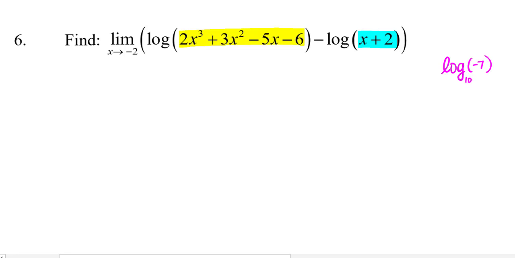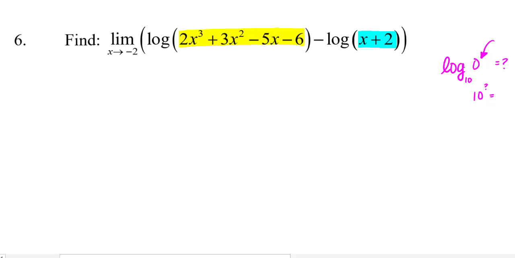Because again, log right now is common log or log base 10. And so we would be suggesting 10 to some power equals -7. And you can't repeatedly multiply or repeatedly divide by 10 and come out with a negative number. So you are not allowed to have a negative number in your argument, as well as you are not allowed to have 0 in your argument.